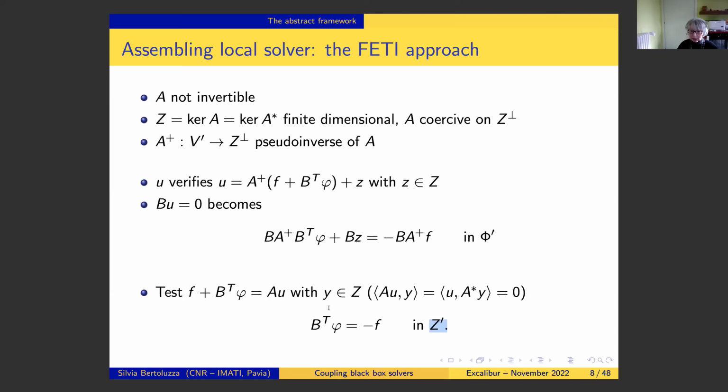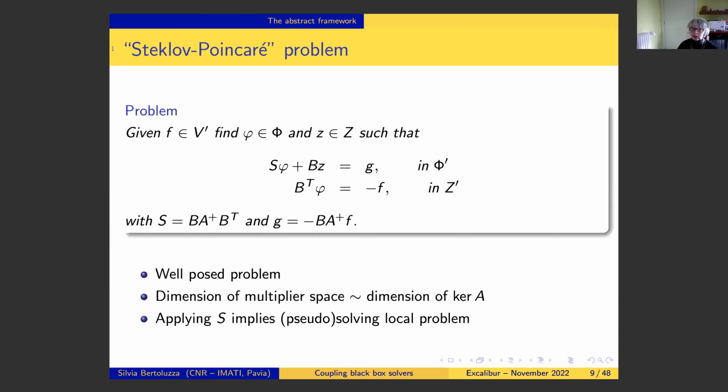And so I have a new formulation that I still call Steklov-Poincaré problem. So I have an element in V prime, and I look for a multiplier in phi, and then an element of the kernel of A, such that this saddle point problem is satisfied.